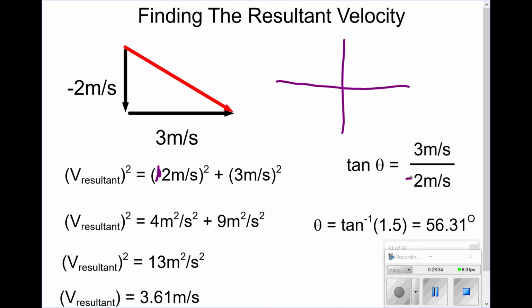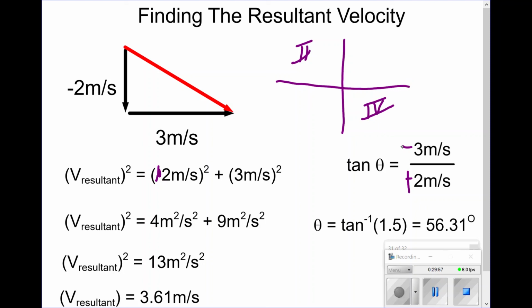You see, if this 2 is negative, I'd come up with a negative 1.5. But let's say I had positive 2 and negative 3. I would also come up with the exact same value. So the calculator cannot tell the difference between my second quadrant and my fourth quadrant.